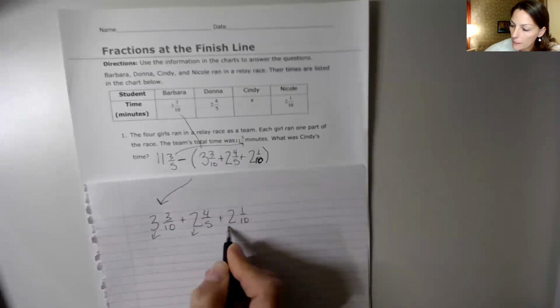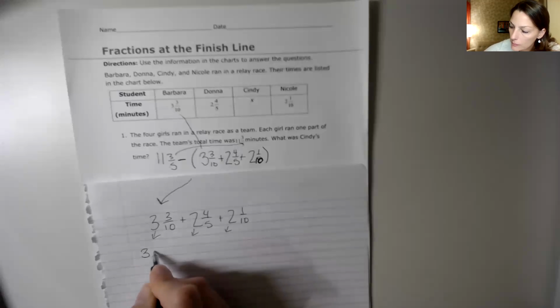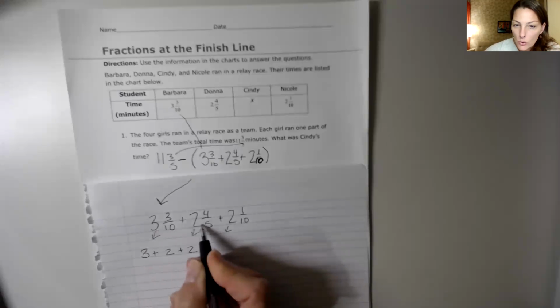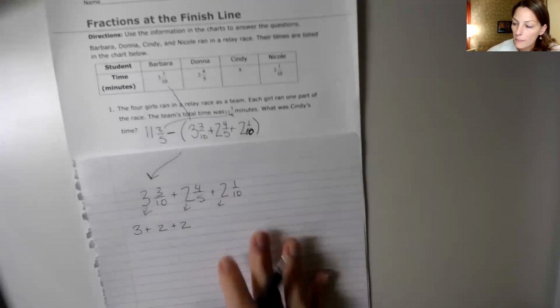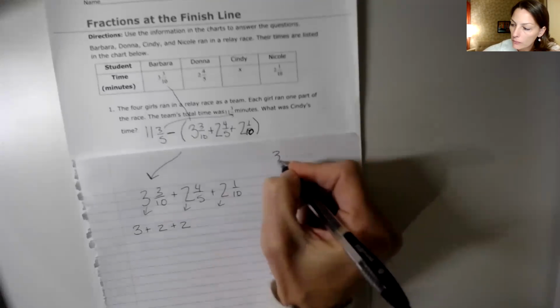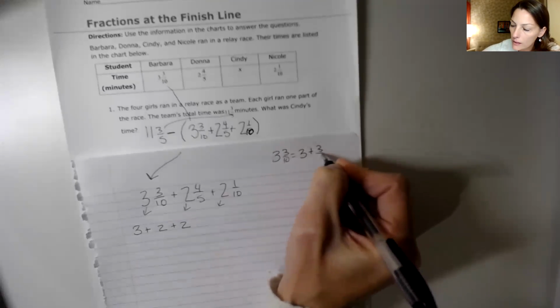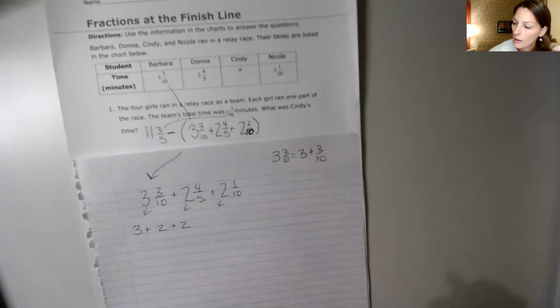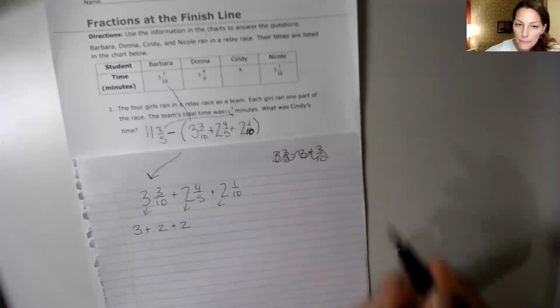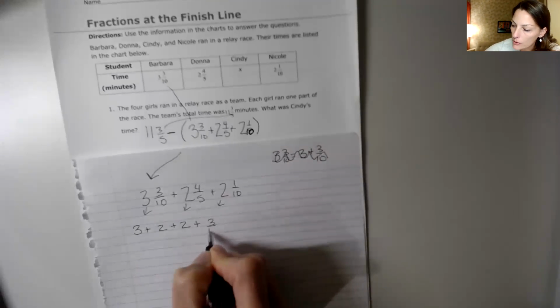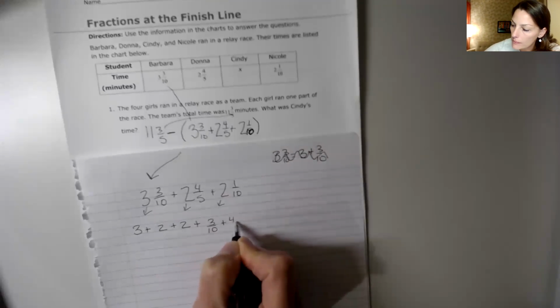Okay, so I'm going to set my problem up. 3 plus 2 plus 2. That was each of the whole numbers pulled out, because when you have a fraction like 3 3/10, it's the same as saying 3 plus 3/10. And then you're going to add the fraction portions of all of the mixed numbers.